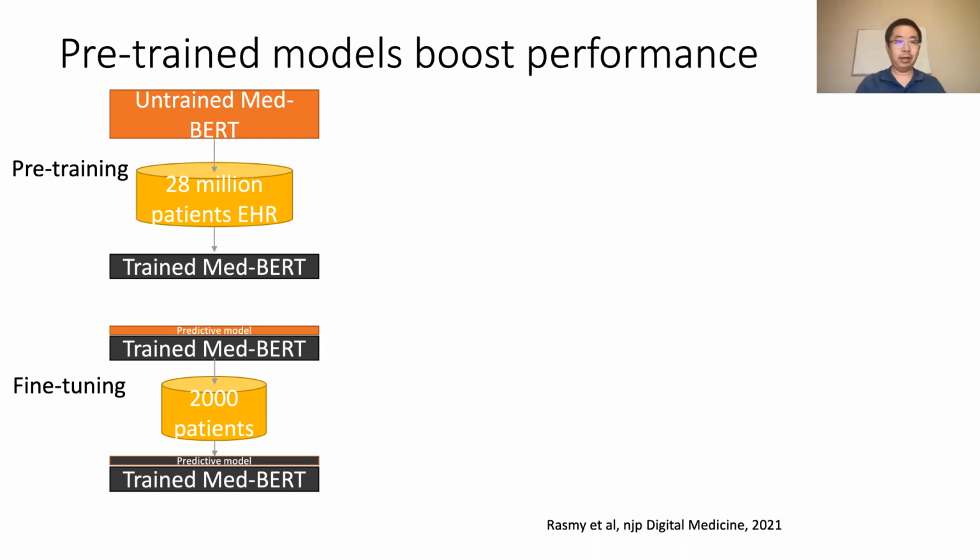You don't have to have the 28 million data. You can just use your own data, and all you need to do is fine-tune this pre-trained model with a few iterations using your own prediction head, and you can make a better model on the other side.